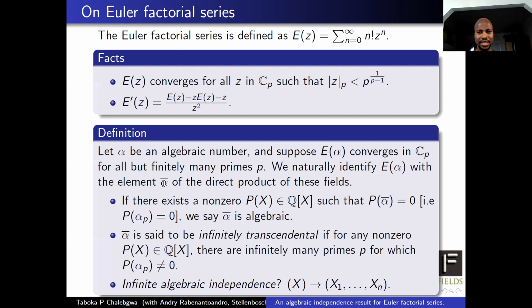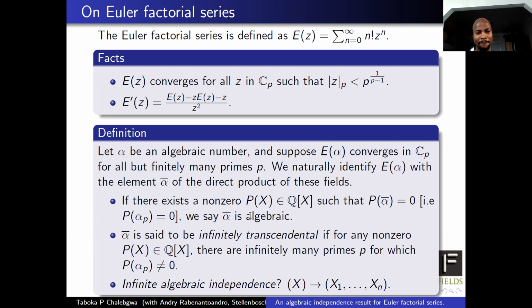Now, given that, at this level of direct product of rings, we can use a slightly different version of what we need for such an element to be algebraic or transcendental. Essentially, we'd say such an alpha bar is algebraic if you can find a non-zero polynomial with rational coefficients such that that polynomial is zero at each entry of alpha bar.